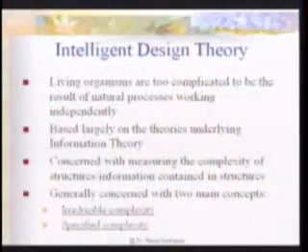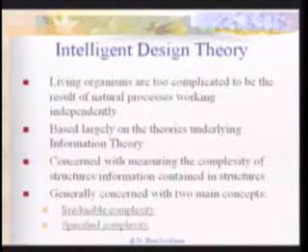We're not going to get into information theory here, but that's a whole new area to explore, and there are various creation scientists exploring it. So intelligent design is concerned with measuring the complexity of structures and information contained in structures, generally concerned with those two principles I talked about before, irreducible complexity and specified complexity.